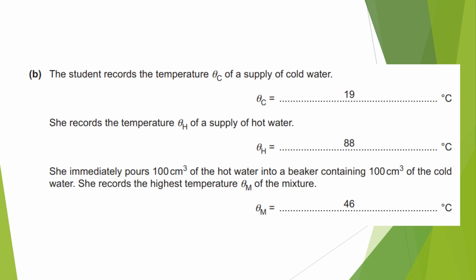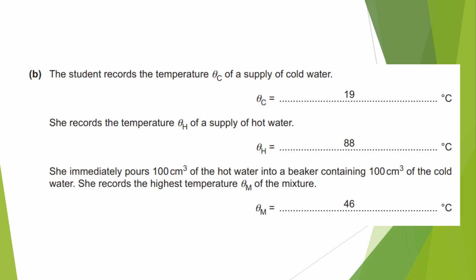She immediately pours 100 centimeter cube of hot water into a beaker containing 100 centimeter cube of cold water. In this sentence, dear students, we have to understand equal volumes. 100 centimeter cube is the unit of volume. So equal quantities of hot water are mixed with cold water.